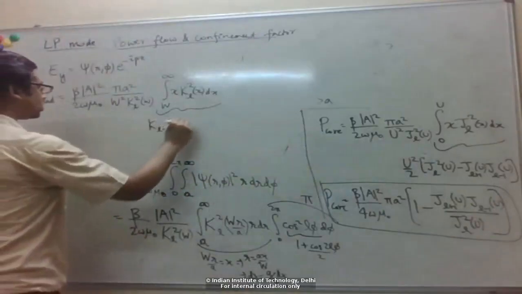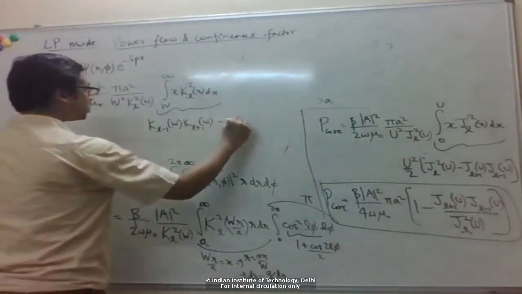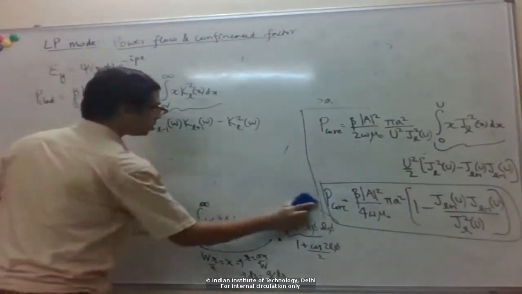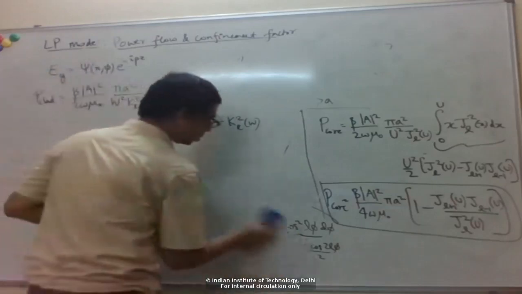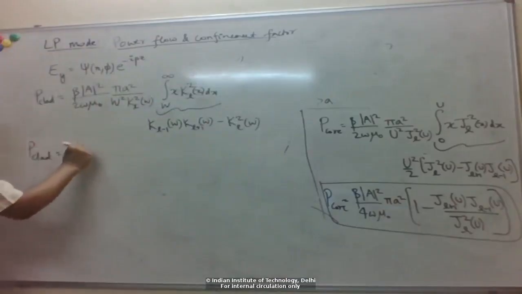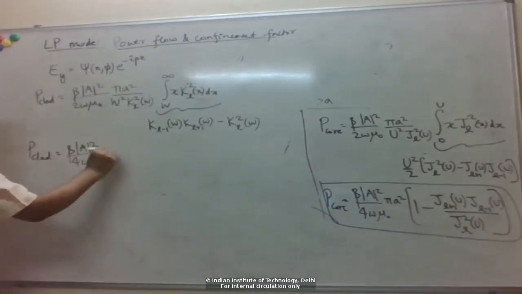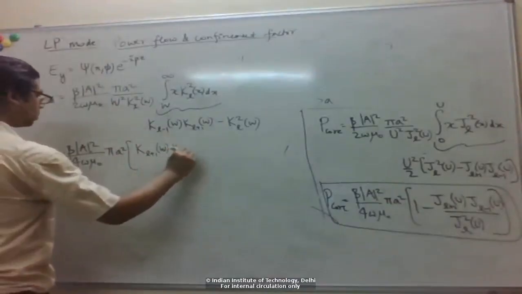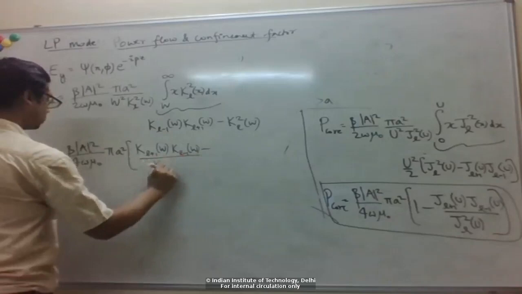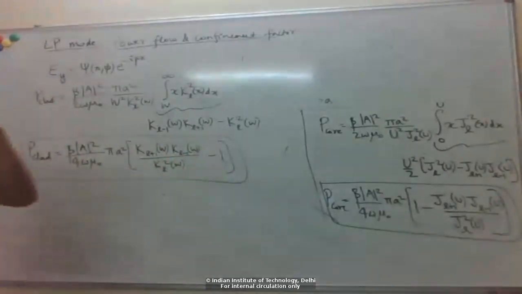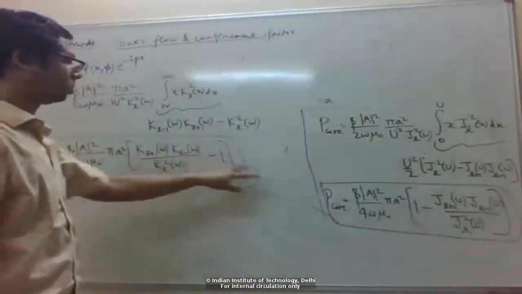So that's for the cladding: a similar expression, but J's have been replaced with K's, U with W, and also the sign is flipped.